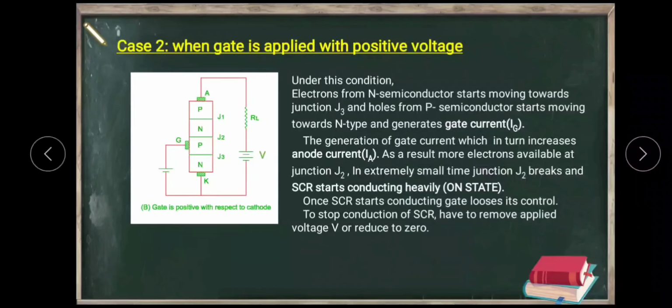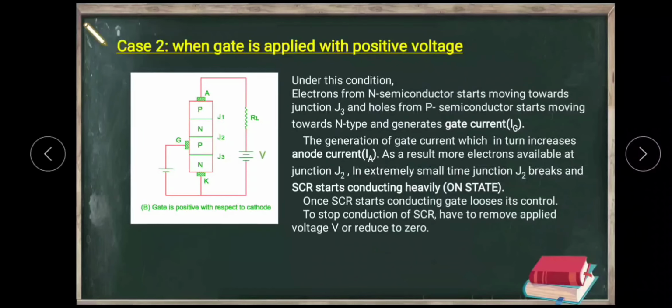In the same way, holes from the P semiconductor start moving towards the N type, which generates gate current. As the gate current increases, it in turn increases the anode current. As a result, more electrons are available at junction J2. In a small time period, junction J2 breaks and the SCR starts conducting heavily. Therefore the SCR is said to be in the on state.